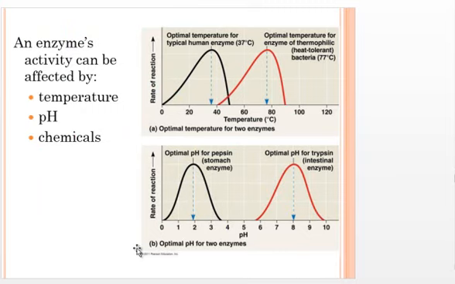Now, as you've learned in your lab, enzyme activity can be affected by temperature, pH, and chemicals. If you remember back to the activity where you guys formed a huge human protein, think about this. An enzyme is a protein. So an enzyme is going to have R groups, just like a protein, and those R groups will absolutely be affected by the environment.